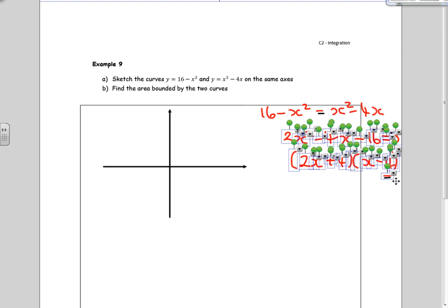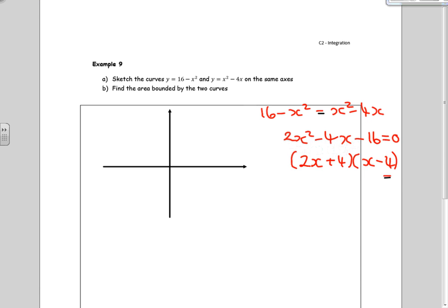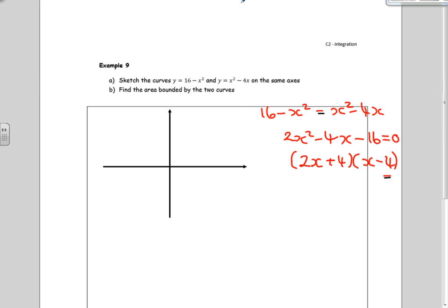So these two graphs are going to intersect at 2x plus 4 equals 0, so that's x equals minus 2, and at x minus 4 equals 0, which is at x equals 4.